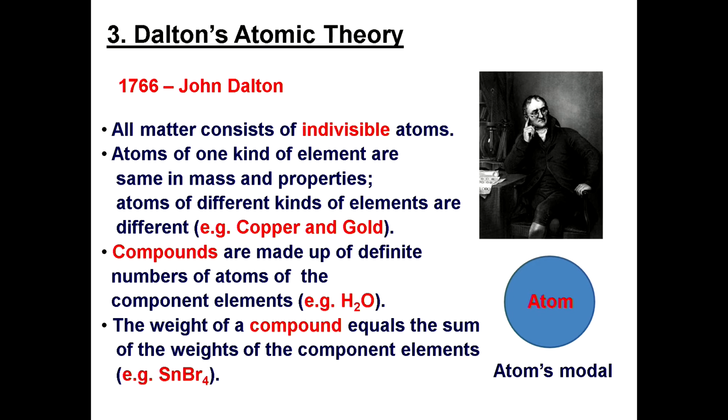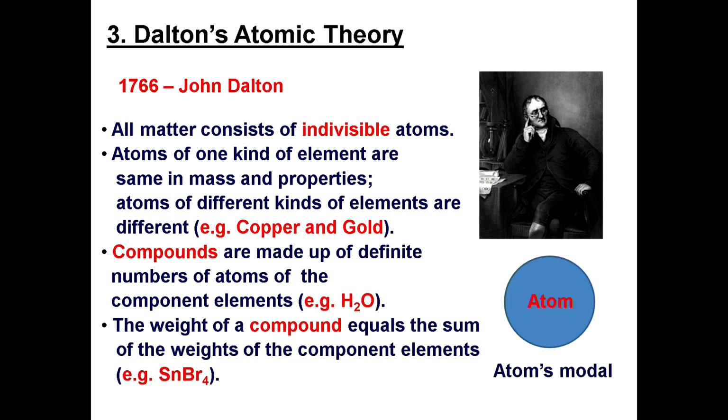So at that time he thought the atom is indivisible. And the atoms of one kind of element are the same in mass and properties. And the atoms of different kinds of elements are different.